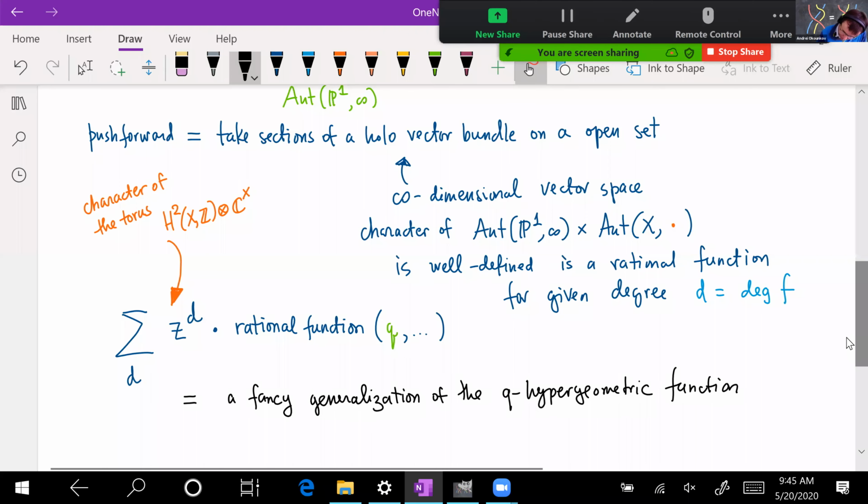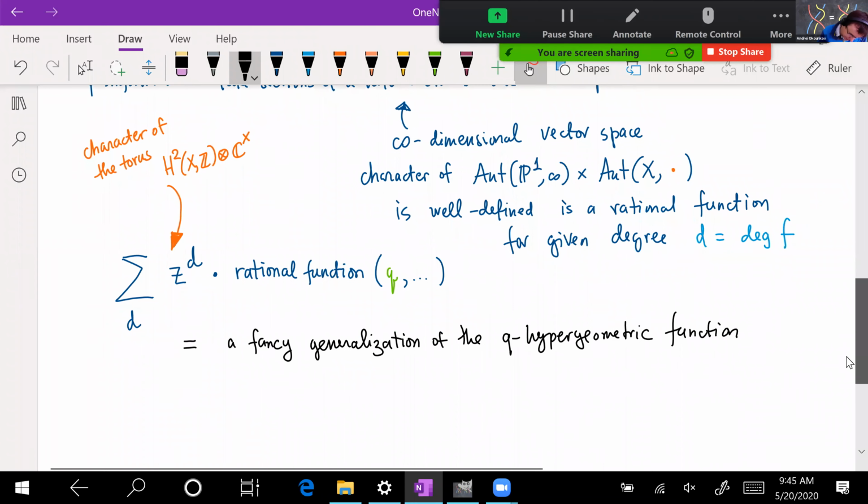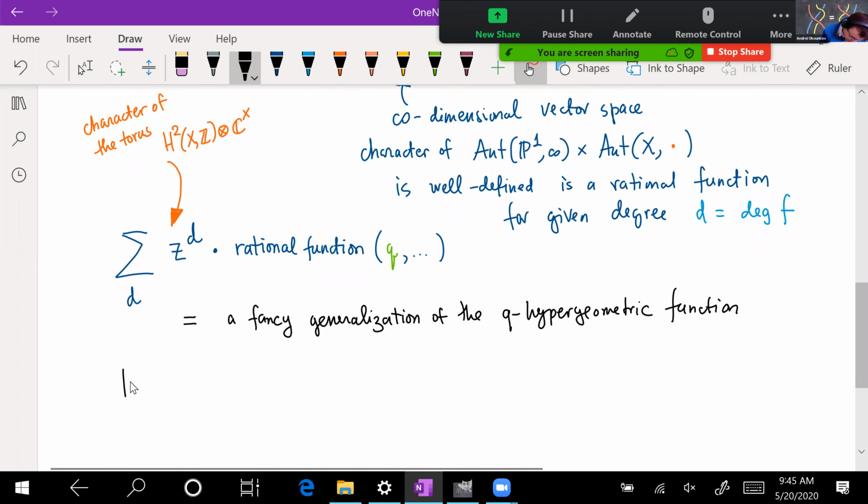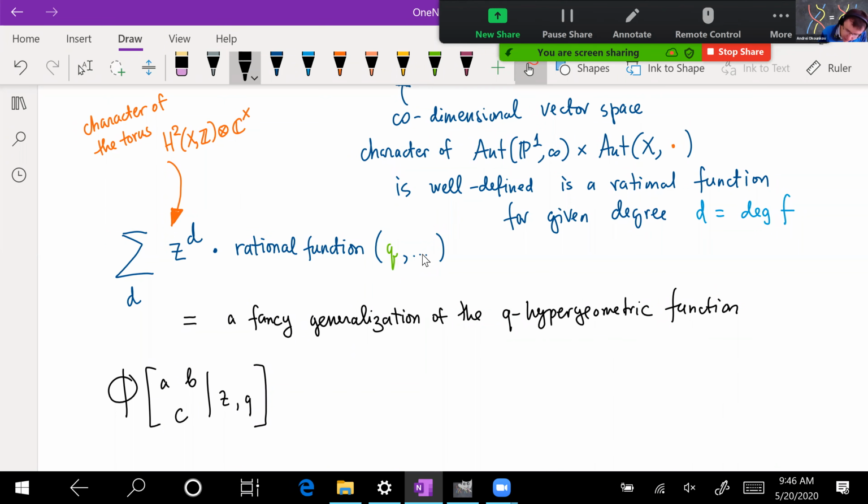So what is a Q hypergeometric function? In the classical situation, it depends on three variables, A, B, and C. You should think of these as the coordinates on the group, and then the variable Z and the variable Q. These A, B, and C are the coordinates that I write here.